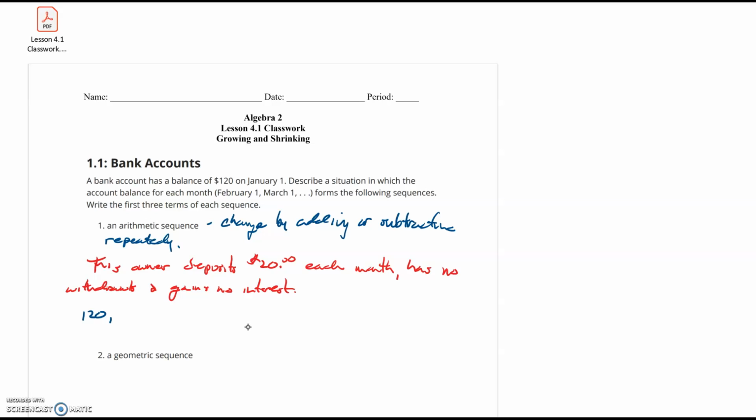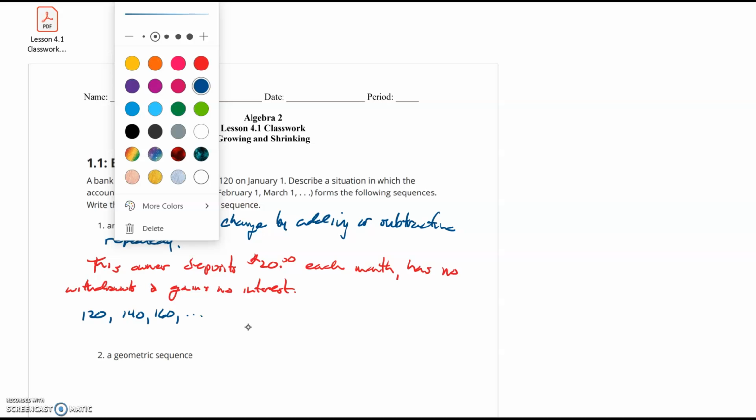Then after 1 month, we're going to gain $20, so it would go up to $140. And then after another month, it would gain another $20, so it would go up to $160, and so on. So those are the first three terms of our arithmetic sequence.